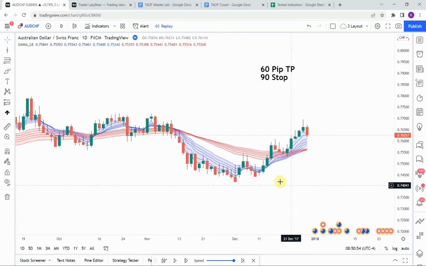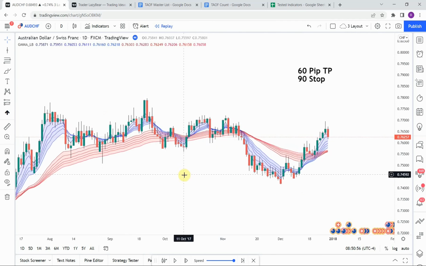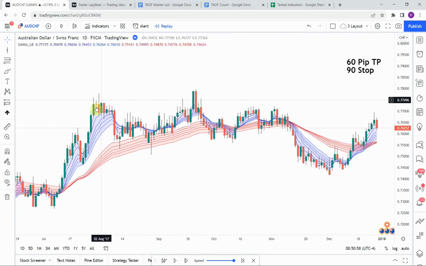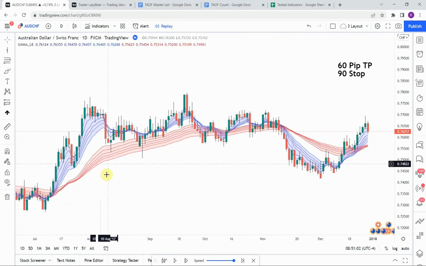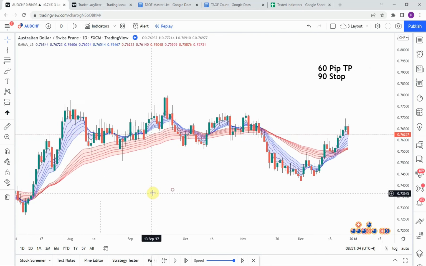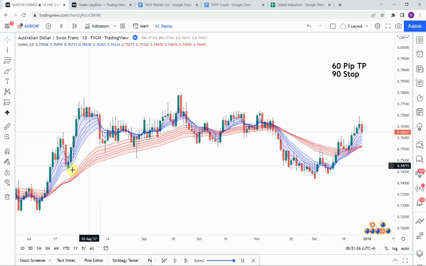And so the setup on this is relatively easy. We have two bands of moving averages working like oscillators, clustered together, with the red ones here and the blue ones here.